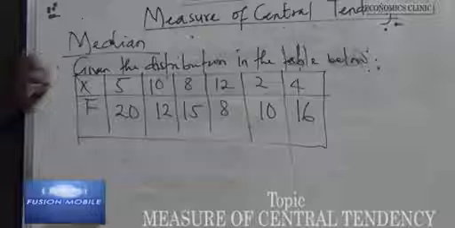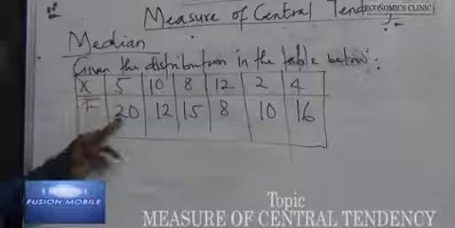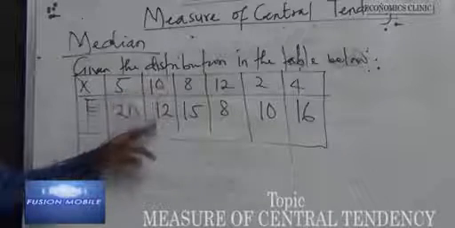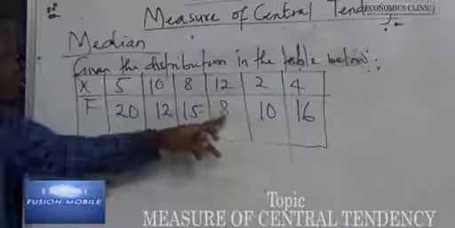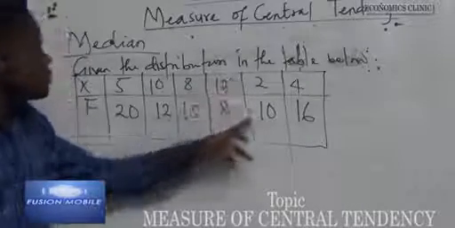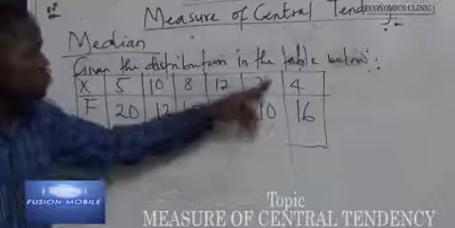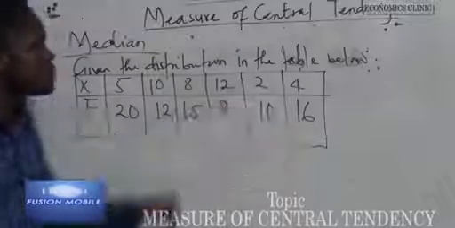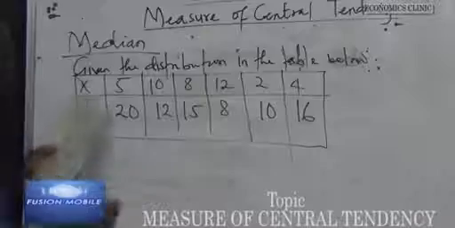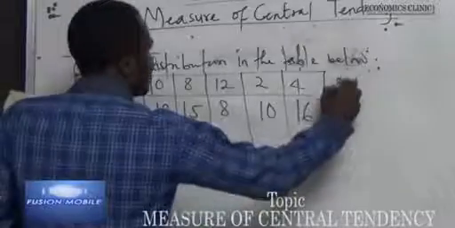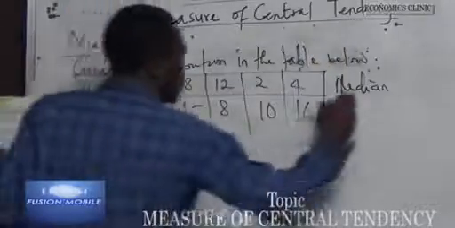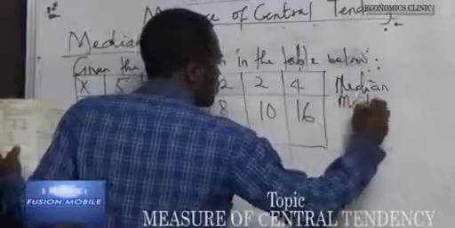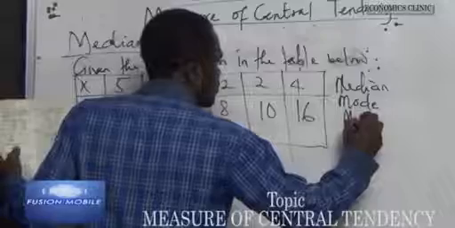From the table, it shows us that we have 20 5s, 12 10s, 15 8s, 8 12s, 10 2s, and 16 4s. We are asked to look for median, mode, and mean.